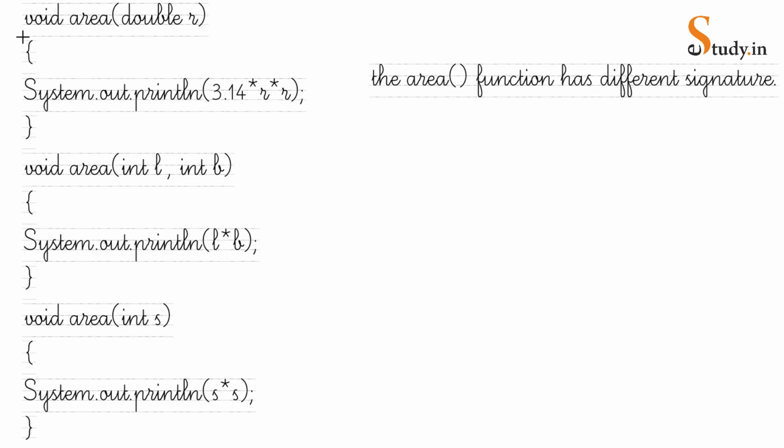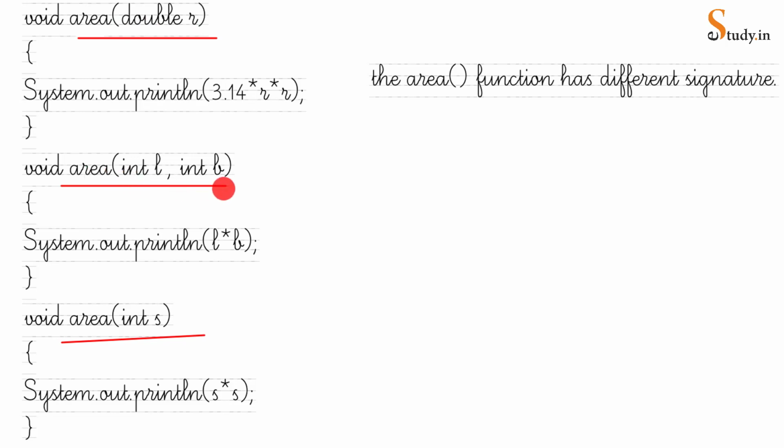These three functions have the same name, area, but the first area function receives a double parameter, that means one parameter with data type double. The second area function receives two integer parameters, l and b, and the third area function receives one integer parameter.